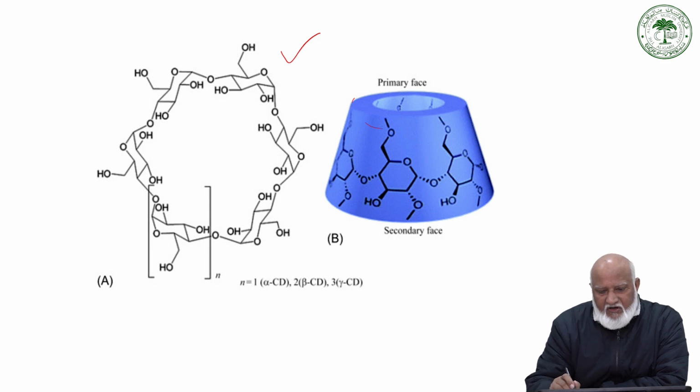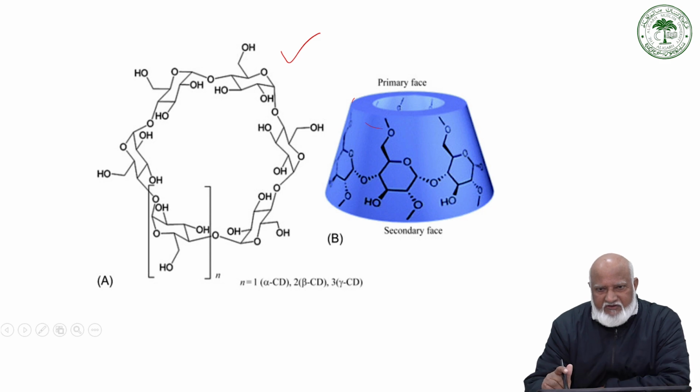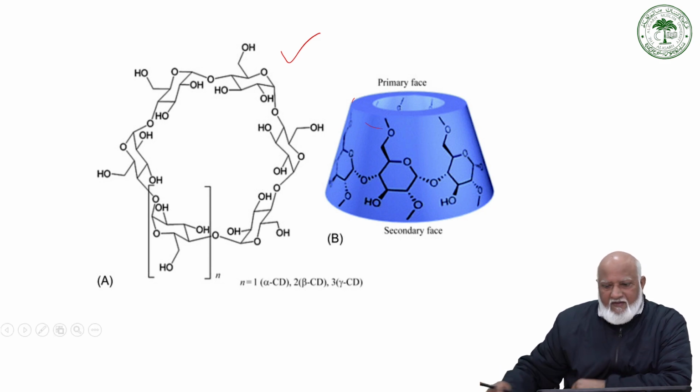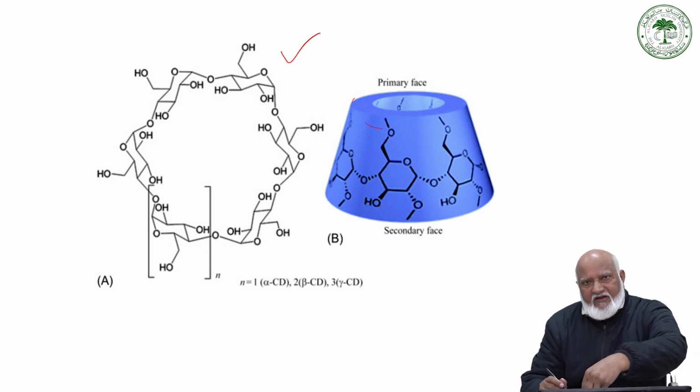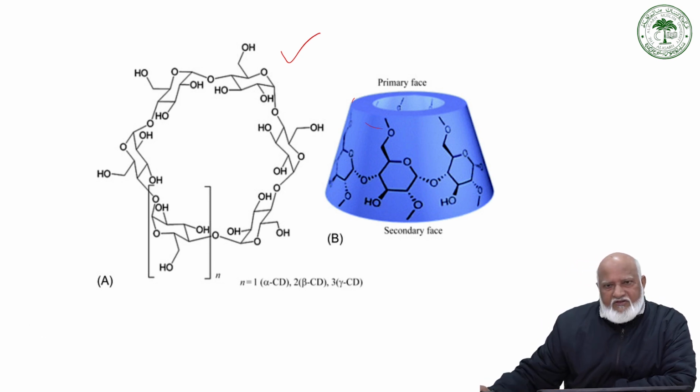And if we look at the actual shape, we have a cavity-like structure, or we call it a bucket-like structure. We have secondary OH groups at the bottom and primary OH groups on the top of the ring. So molecules can very nicely go inside the cavity and get locked, and it can form a host guest complex.